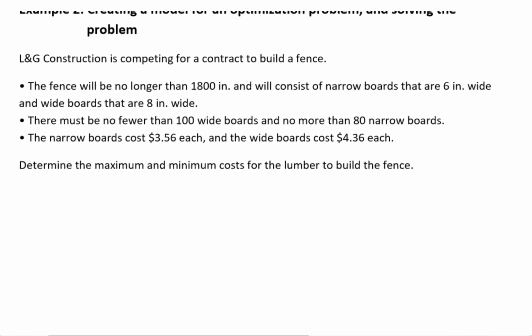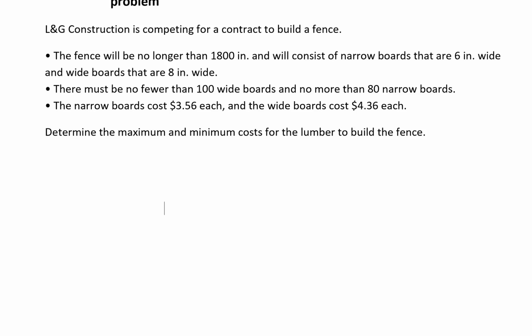And what we're counting here is the number of wide boards and the number of narrow boards. Let's let x be equal to the number of narrow boards and y be equal to the number of wide boards, because that's what I'm counting.